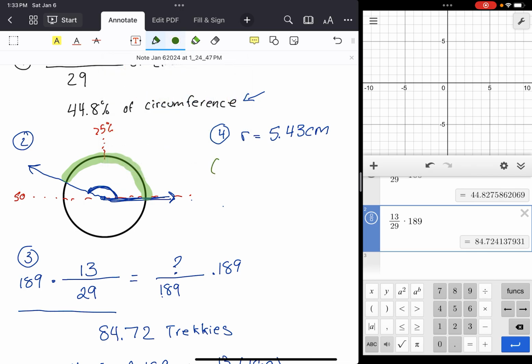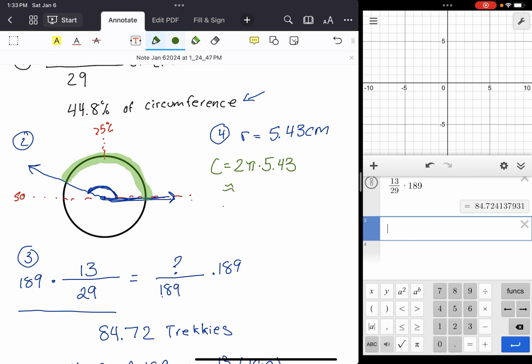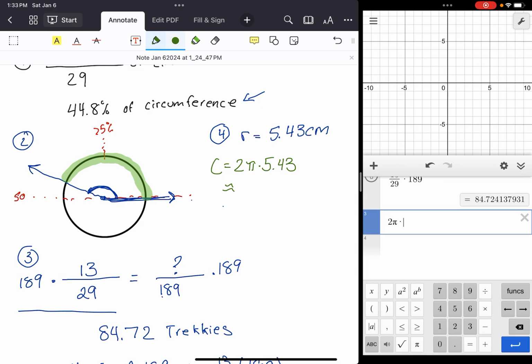We find circumference by doing 2 pi times our radius length. I'm using the pi button, and you should find the pi button and use it on your calculator as well. So our total circumference is 34.118 centimeters.